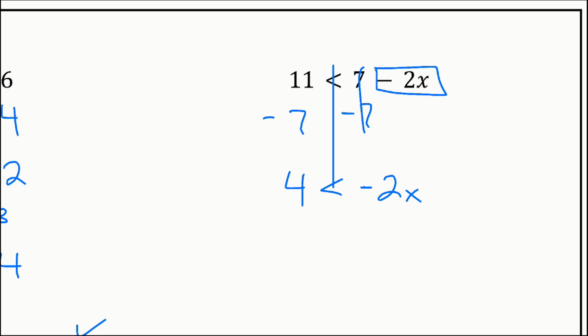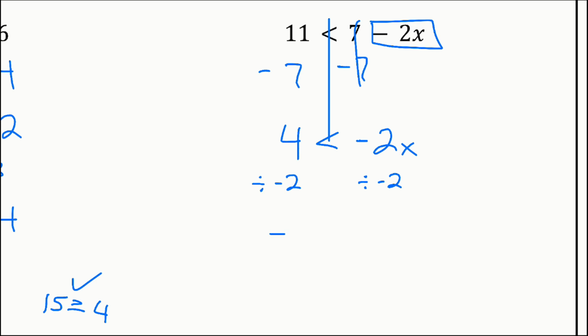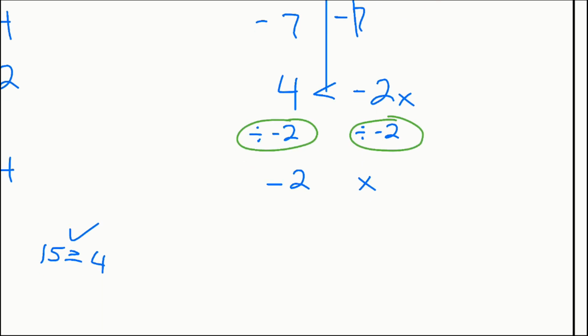Now on this one, this is like the ones on the front side, one of those bottom ones. What we are going to do is divide by a negative 2 on both sides. 4 divided by negative 2 is negative 2. Those cancel, so we just have an x over here. But because we are dividing by a negative, our sign reverses.